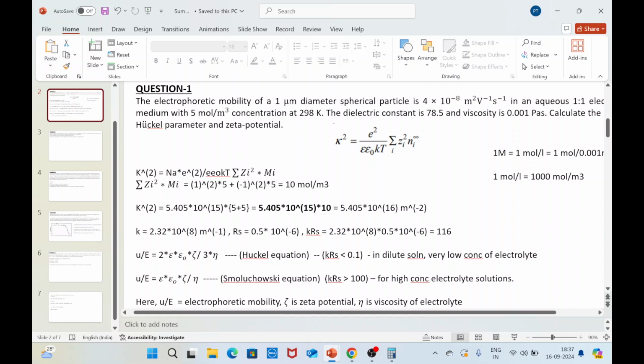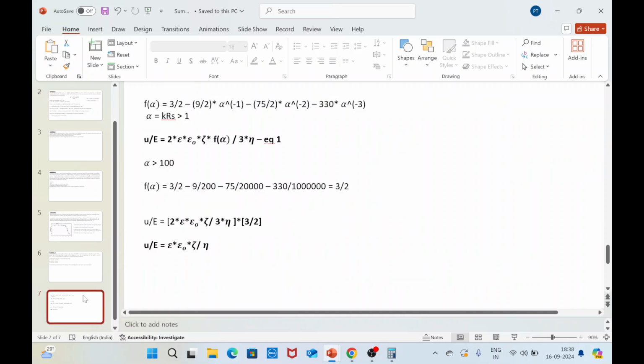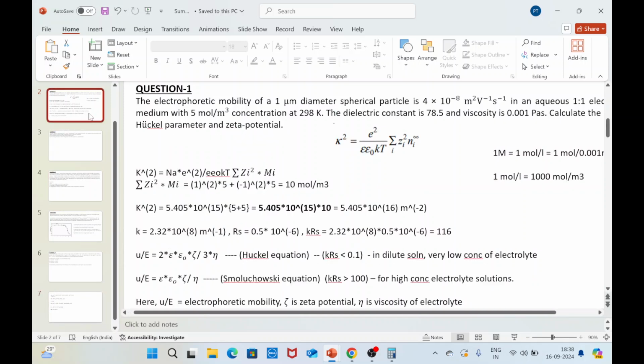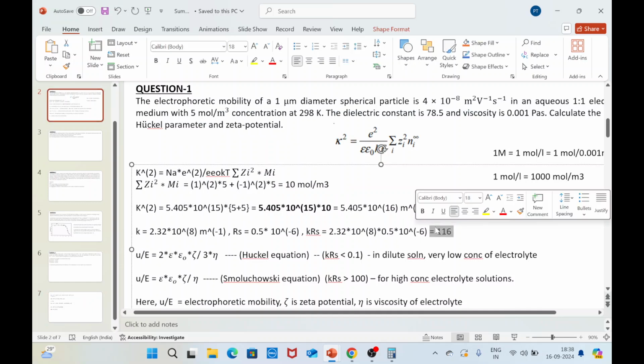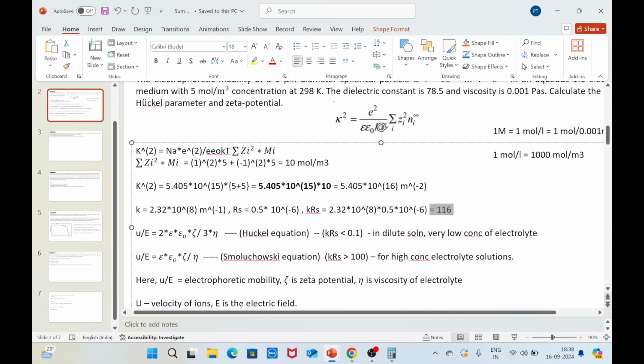That is u by e is 2 by 3 times epsilon naught times zeta potential by eta for Huckel, and epsilon naught times zeta potential by viscosity for Smoluchowski's equation with their respective conditions. This part is just for your knowledge and information. Since here our value of KRS is 116, which is greater than 100, you can use this equation to calculate your zeta potential.